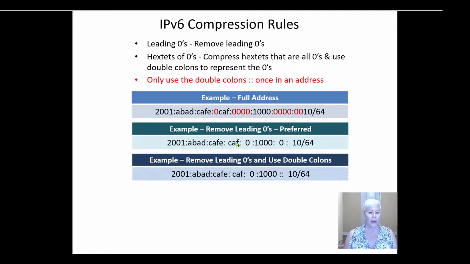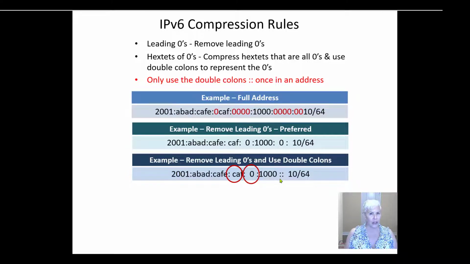Now let's see how we would handle the double sets of zeros with double colons. Remember, we can only use the double colons one time in an IPv6 address. So like before, I removed the leading 0. Now, because I have 2 sets of zeros, what I'm going to do is I'm going to remove the leading zeros from this hextet.